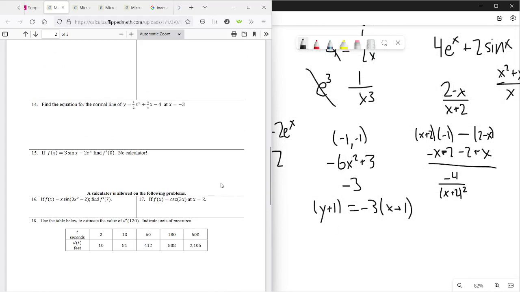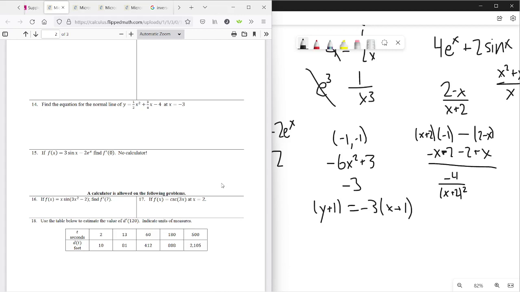Alright, calculator is allowed on the following problems. If you don't remember how to get to the derivative function on the calculator, it's in Math 8, d of dx. So for this first one, I think for both of these, you can do it entirely in your calculator.